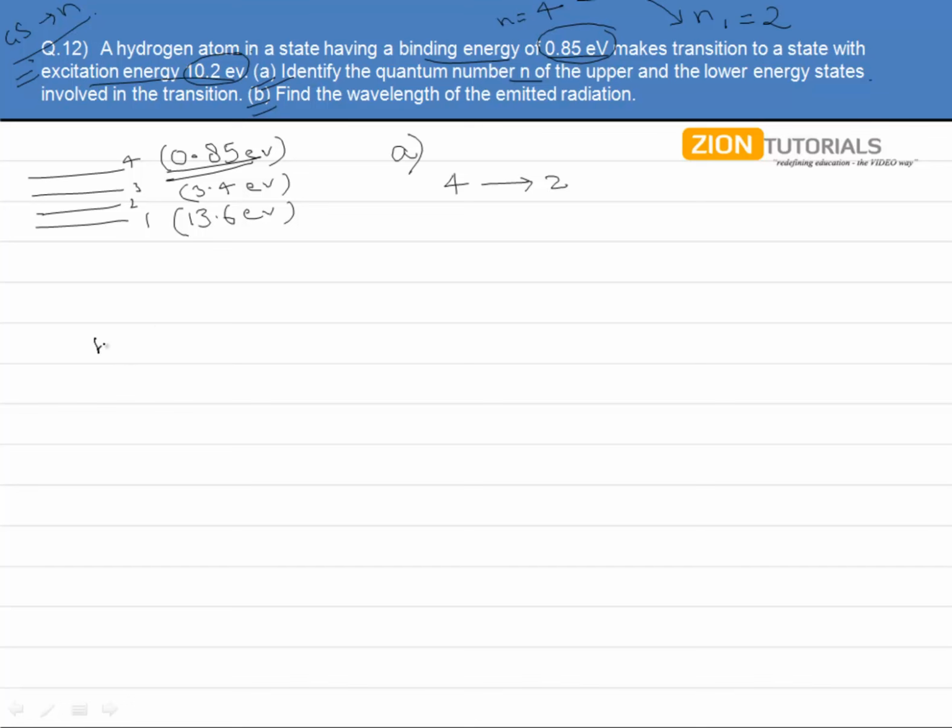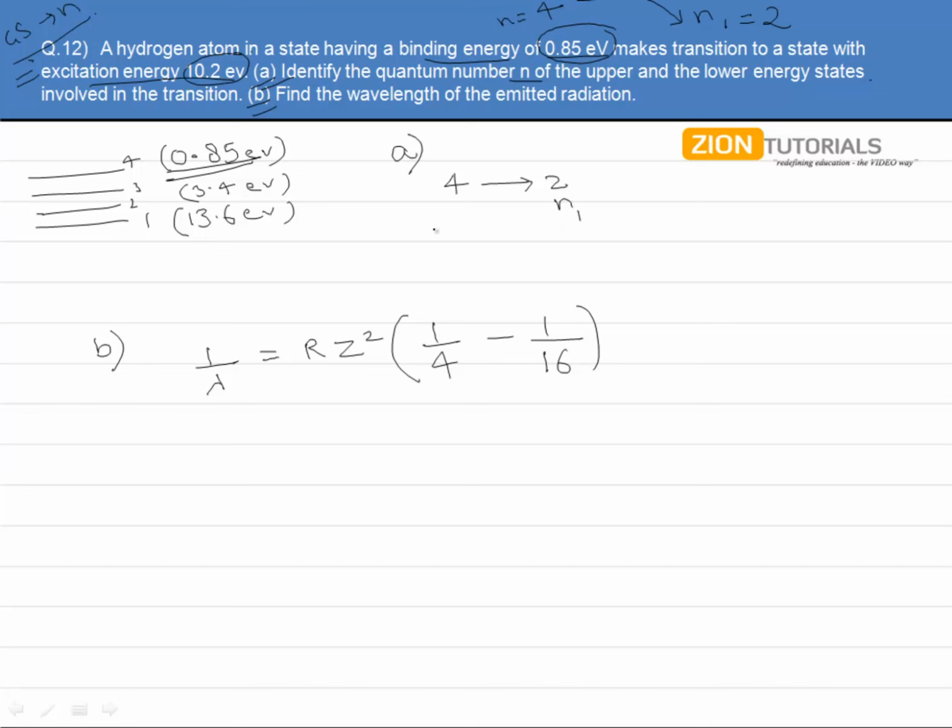Now the second part is to find the wavelength of the emitted radiation. Since the transition is from 4 to 2, we can easily find the wavelength, which is simply 1 by lambda equals R Z square into 1 by n1 square, where n1 is the state the electron is coming to, that is n equal to 2, minus 1 by 16, that is 1 by n2 square.